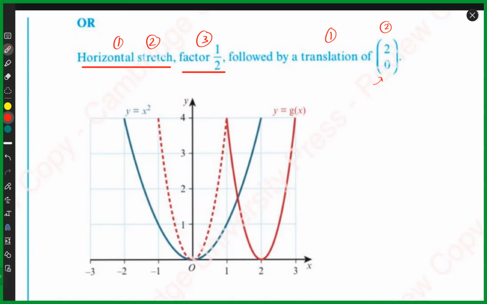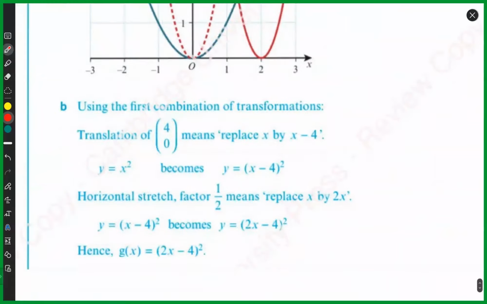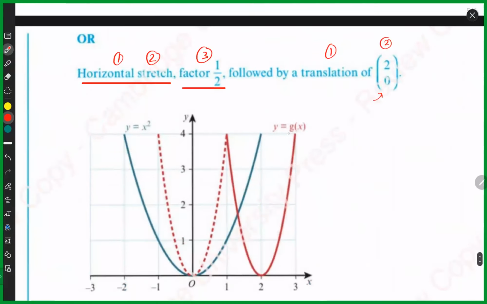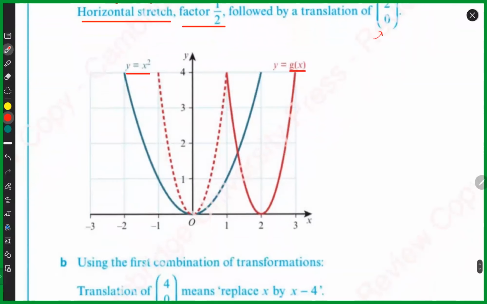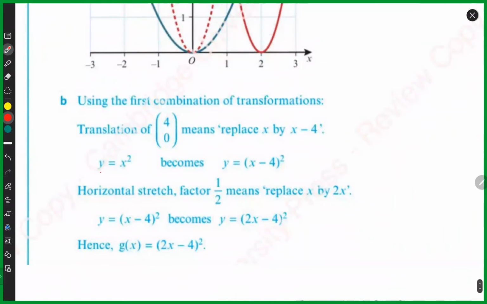Okay. All right. Now, the next part is we need to write down the equation of g of x. This is g of x. This is the equation of the original one. We know that we incorporated stretch and translation, and then we got the red graph. Okay. So it is y equals x squared. Translation was of 4,0.